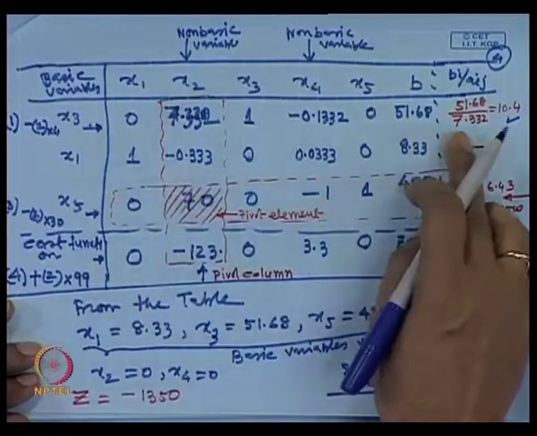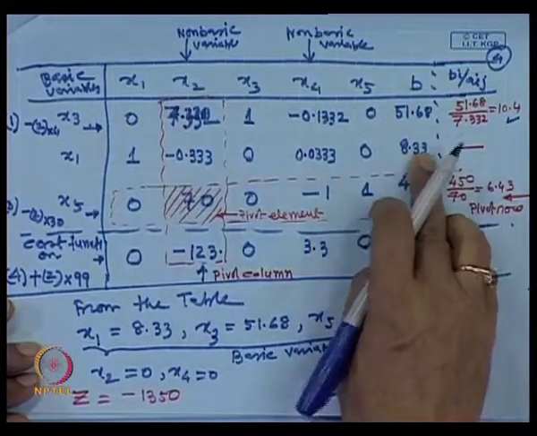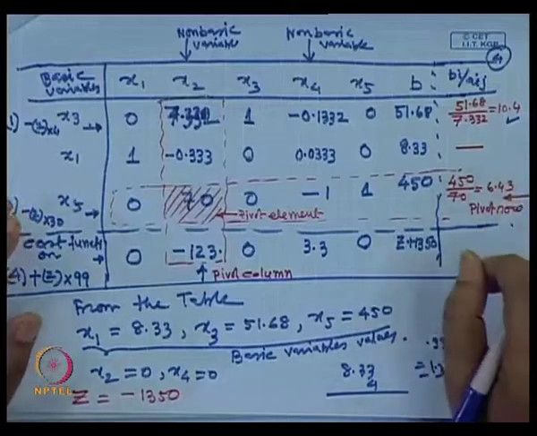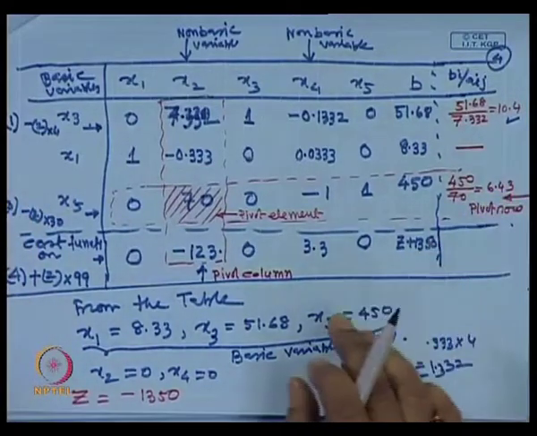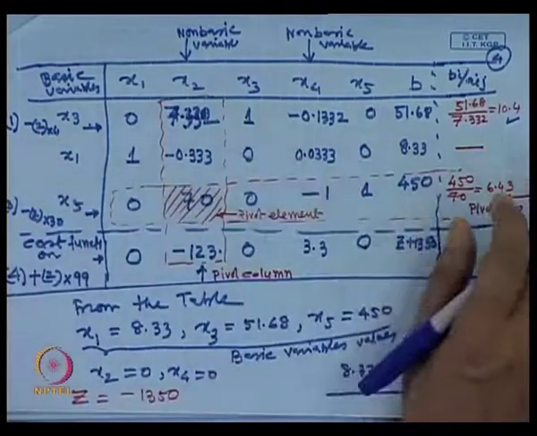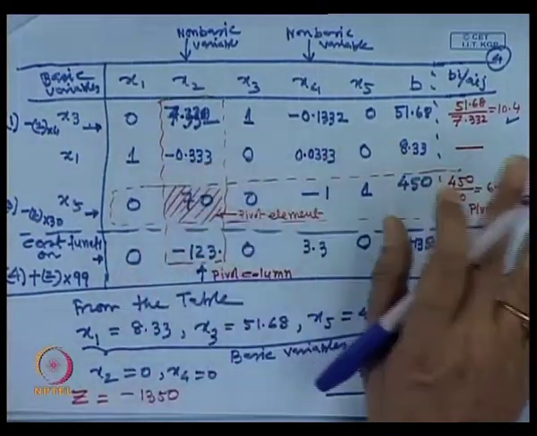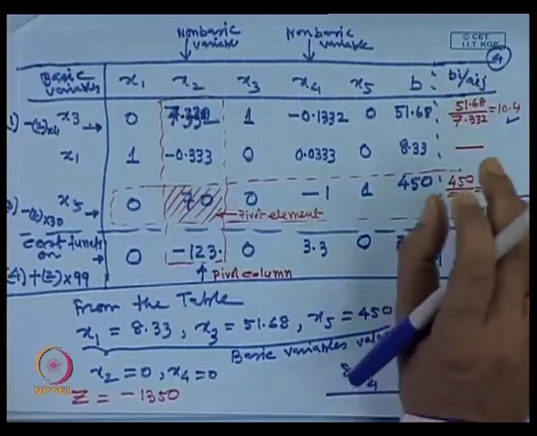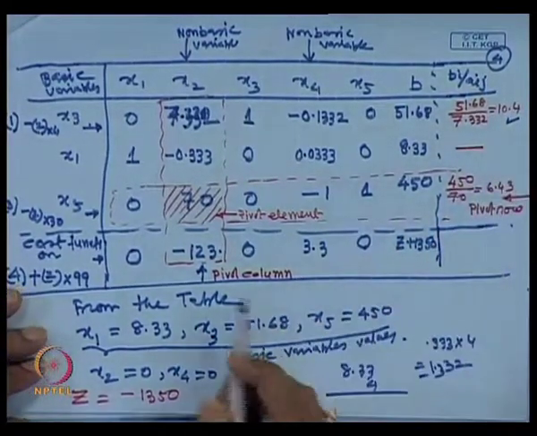If you select minus 8.33 divided by minus 3, this will not help to reduce the function value. If we consider x 1 as the leaving basic variable, it will not work. So, the minus sign will not be considered in order to select the pivot row.